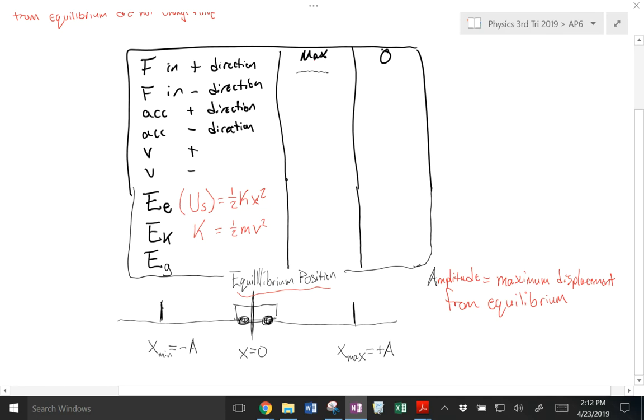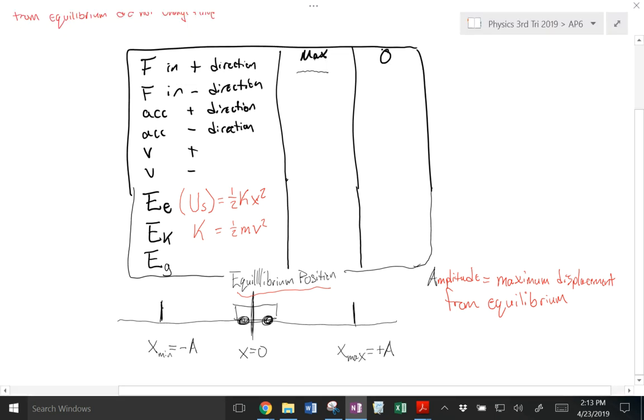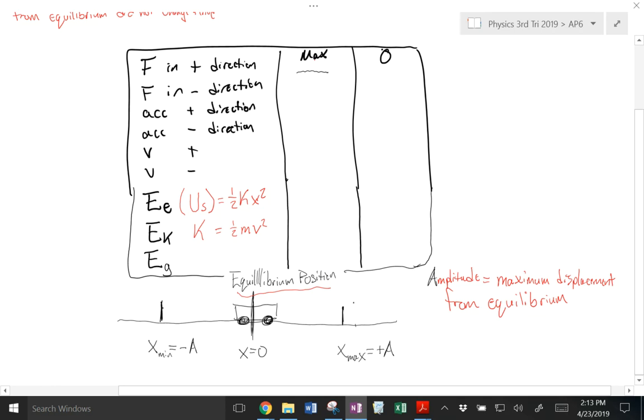Does not need to be in paragraph form. So I'm listing out some positions for you here. X is negative A, X is 0, X is positive A. Those don't look symmetrical, Mr. Harding. That looks better, Mr. Harding.